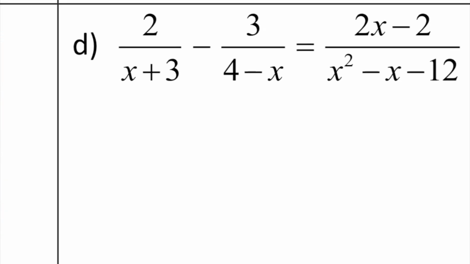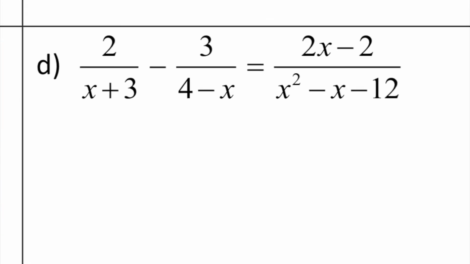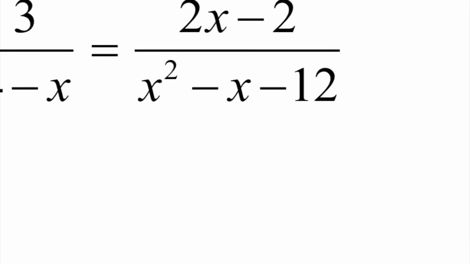And then for letter D, again, I'm going to factor. This has another situation where you're going to need to work with a negative 1 to make the denominators the same. I was feeling extra vicious, I guess, when I wrote this review guide. So x minus 4 times x plus 3.